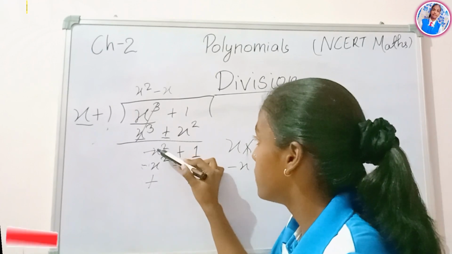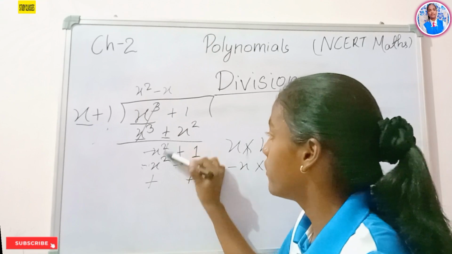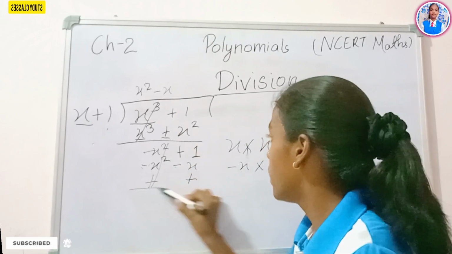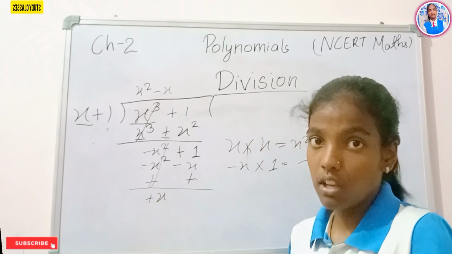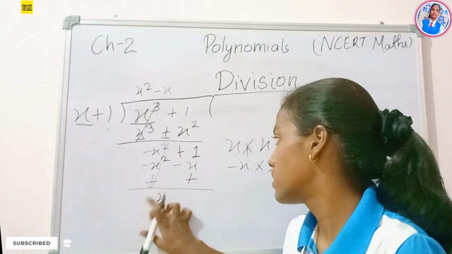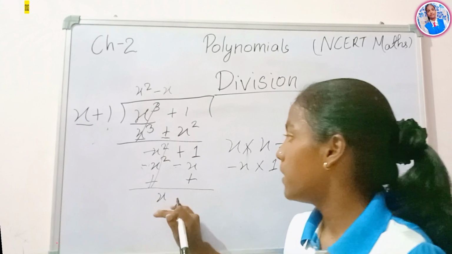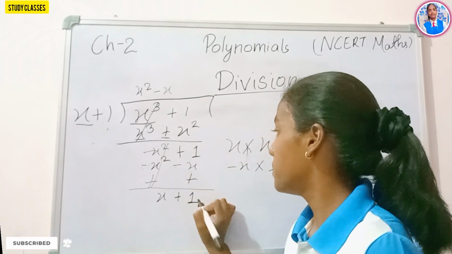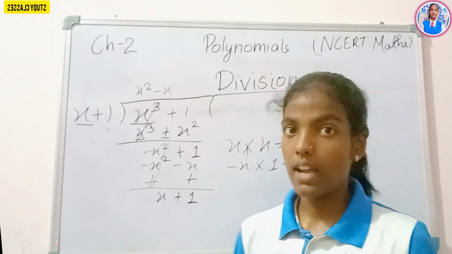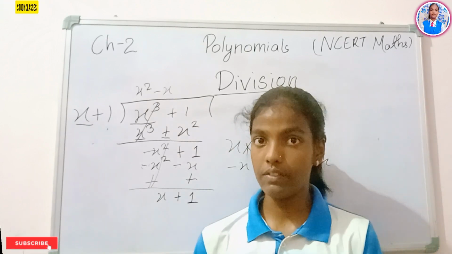So this minus x square plus x square will get cancelled, and now what is remaining? Plus x. You can also write the sign of plus, or it is dependent on you. So here what is remaining? x plus 1. This number is remaining. As you all know, any number multiplied by 1 gives itself.